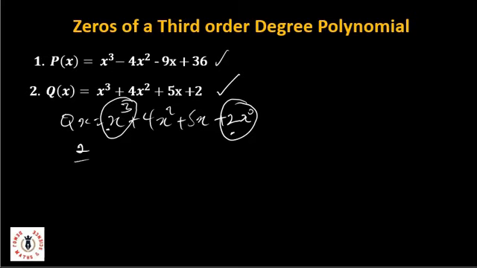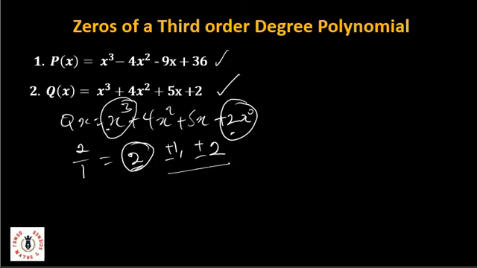So I'll be picking 2 divided by 1, which is equal to 2. So the zeros I'll be looking at are factors of this 2, which is plus or minus 1 and plus or minus 2.